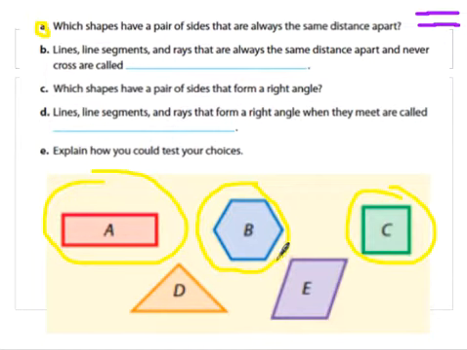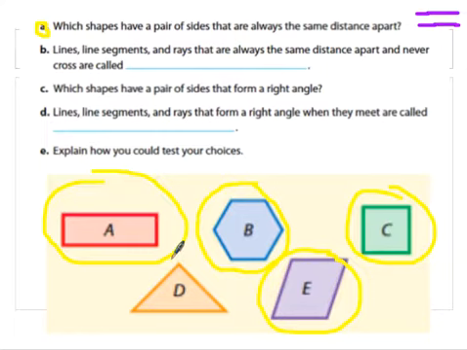What about this shape? Well, this side and this side. Oops, that's a horrible line. Let me try that again. And this side. If you had a ruler and you measured from here to here, and you measured from here to here, are they the same? Yes, yes they are. The other two sides would have the same answer.